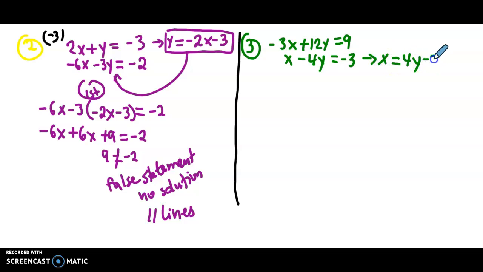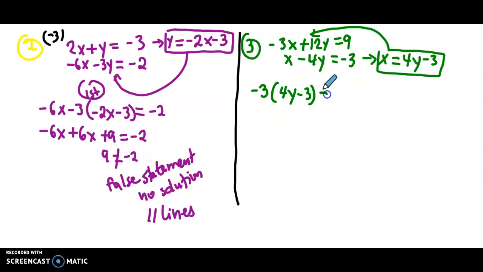Here we go. So I'm isolating this, and I'm putting this x for the first x. So here's how it looks. Now remember, when you're doing your first substitution, you shouldn't be having any two letters, only one.